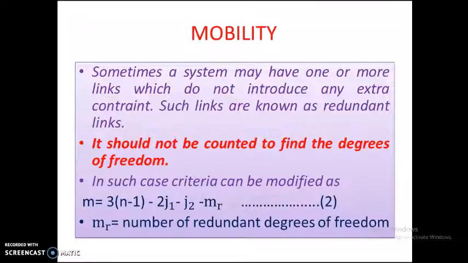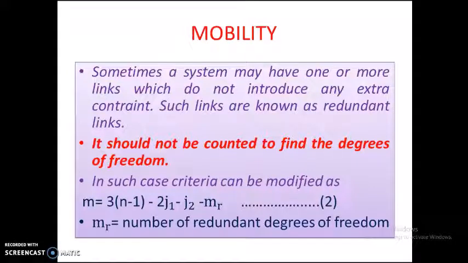Sometimes a system may have one or more links which do not introduce any extra constraint. Such links are known as redundant links. They should not be counted in the degrees of freedom.